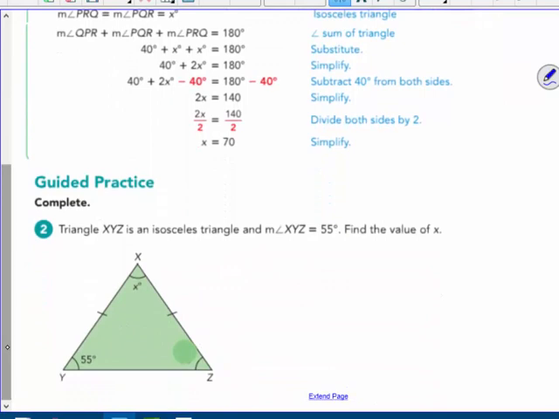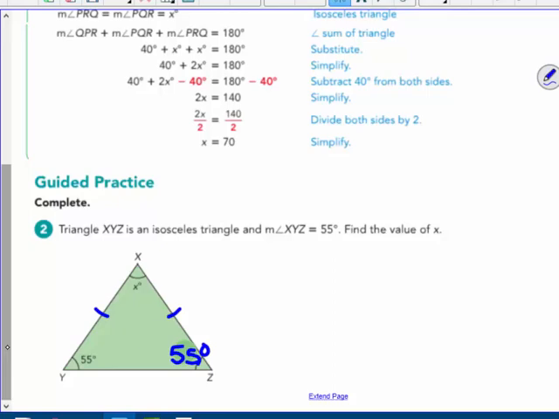Using that idea here, triangle XYZ is an isosceles triangle. You have to be told that, or they may not tell you this. They may just put these little tick marks in the sides, which means they are equal in measure. XYZ is 55 degrees, which I know if XYZ is 55 degrees, then this angle Z down here is also 55 degrees.